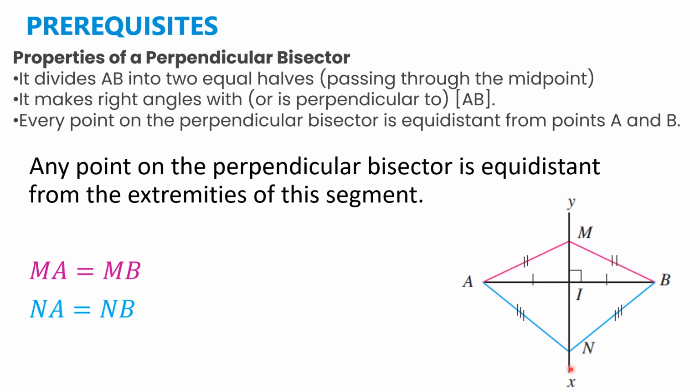Alright, so we say that XY is the perpendicular bisector of AB. Any point that belongs to the perpendicular bisector is at equal distance from the endpoints or extremities of the segment. So MA is equal to MB and NA is equal to NB.